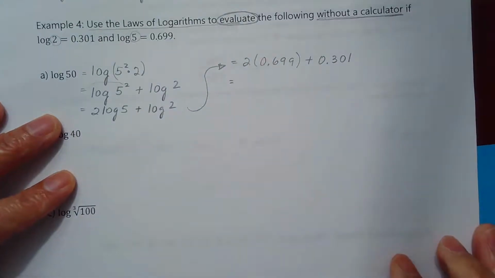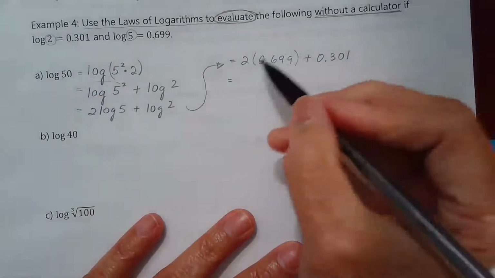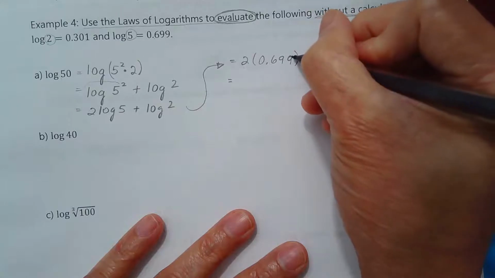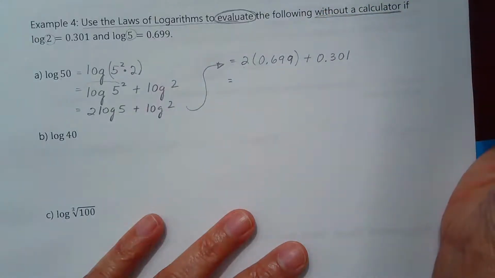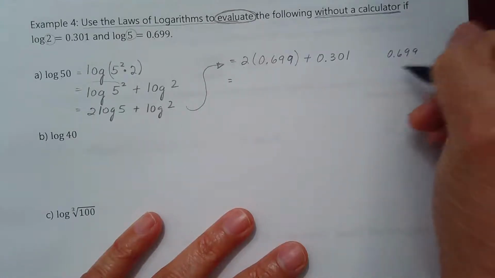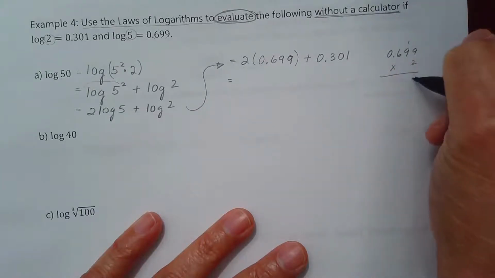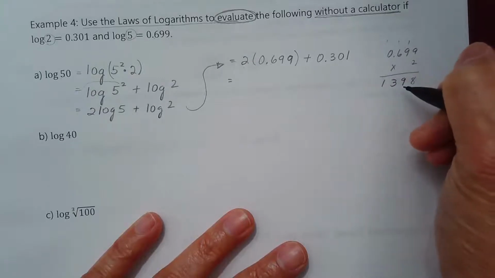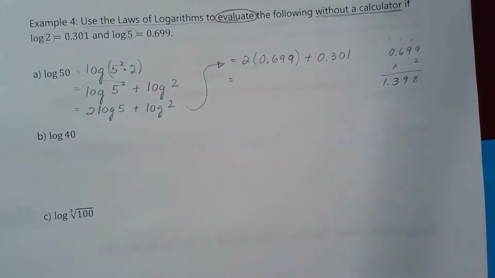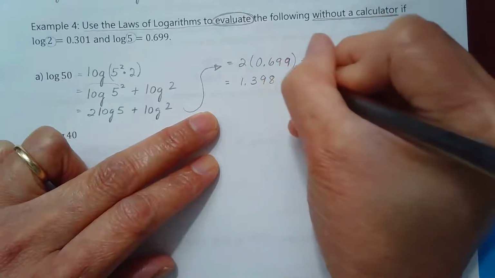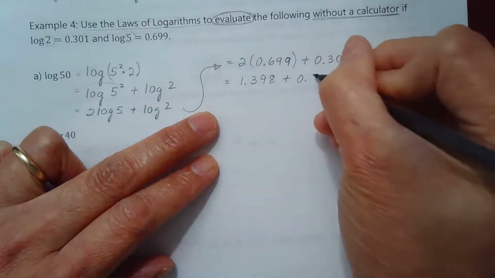So this is going to be 2 times 0.699, which would give us 1.398. 1.398 plus 0.301.